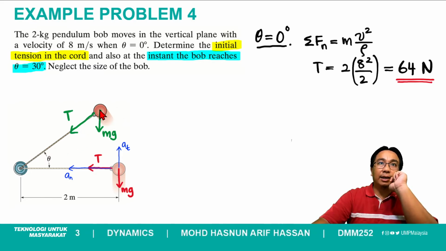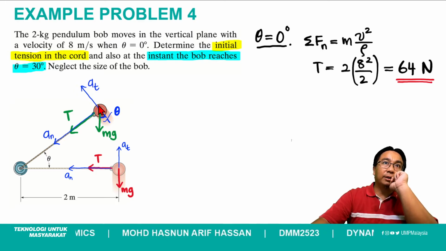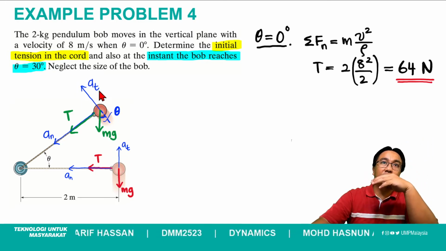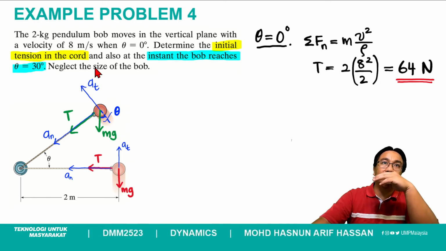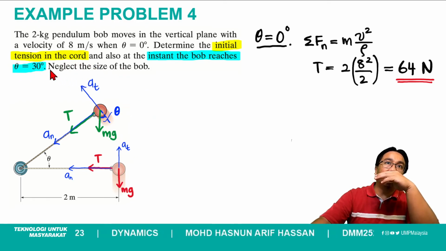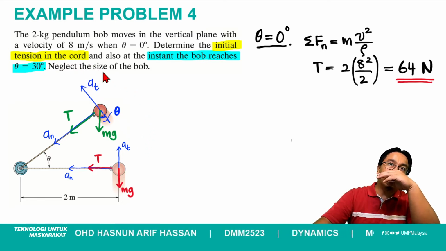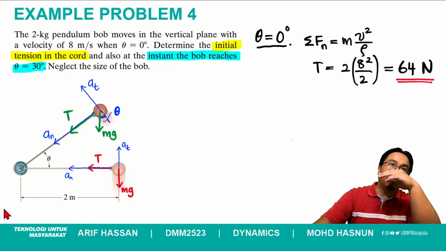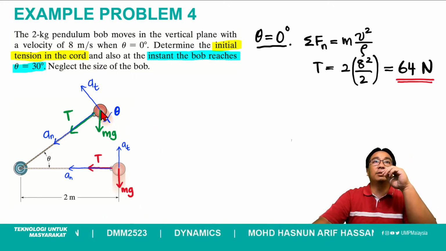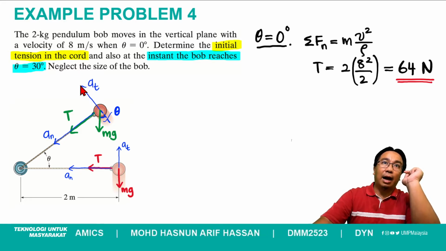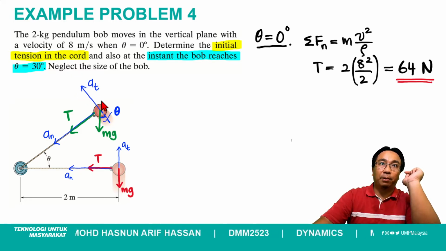But the tangential component is pointing that way because the pendulum is still moving. The pendulum is still rotating like this. If you can imagine, it rotates counterclockwise. So the tangential axis will be pointing up, tangent to the path here.